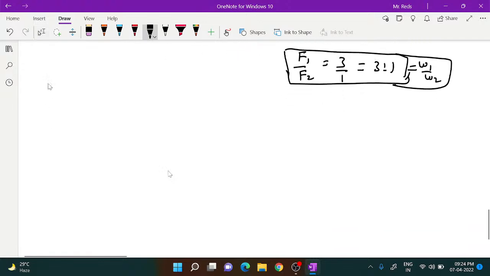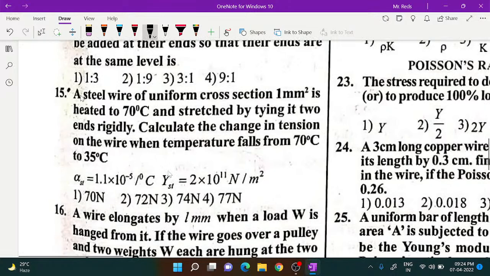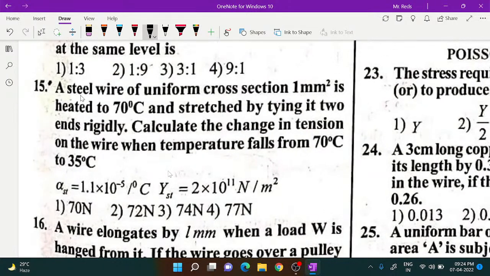So the question number 15. Level 1, exercise 1. So what is given here is a steel wire of uniform cross section 1 millimeter square is heated to 70 degrees Celsius and stretched by tying it to two ends rigidly at that temperature.